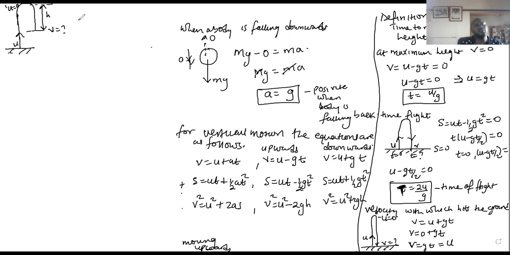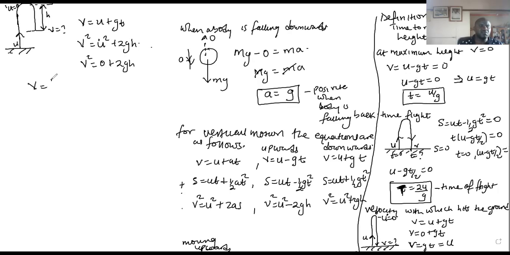So from V is equal to U plus GT when coming down, we can also conclude that V squared is equal to U squared plus 2GH. Because it is starting from 0 up there, V squared is 0 plus 2GH.